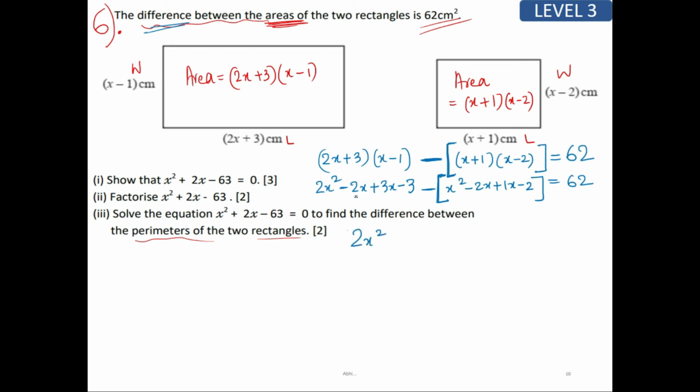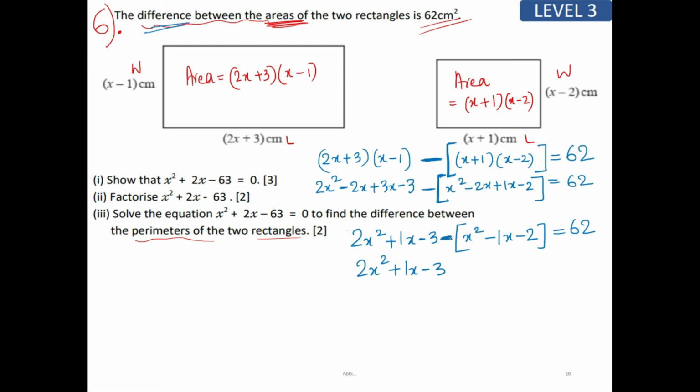2x squared minus 2x plus 3x gives me plus 1x minus 3, minus, within the bracket, here I have x squared, negative 2x plus 1x gives me negative 1x minus 2, equals 62. So I'll write 2x squared plus 1x minus 3.